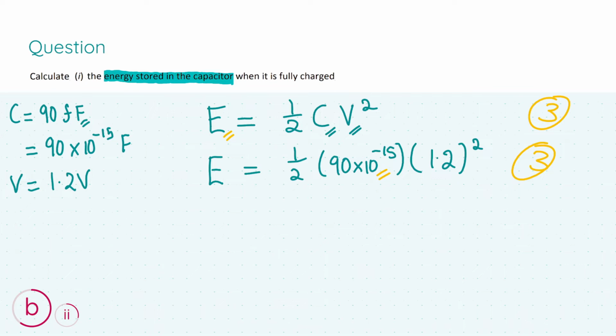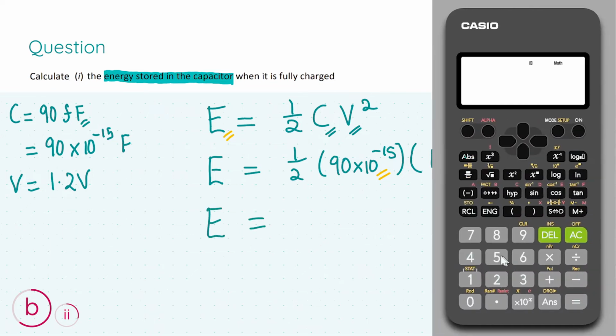Enough of that. Let's calculate the energy. Whipping out our calculator, we have a half. I'm going to put it in decimal form instead of the fraction form I have in my answer booklet. It just makes everything a little bit easier, because it's easier to put a decimal in a calculator than a fraction. You're going to have to agree with me on that one. And because we're using scientific notation, I would always multiply 2 different values together using the bracket sign.